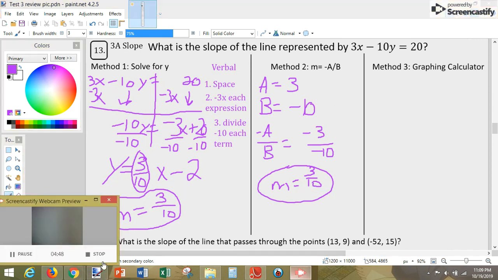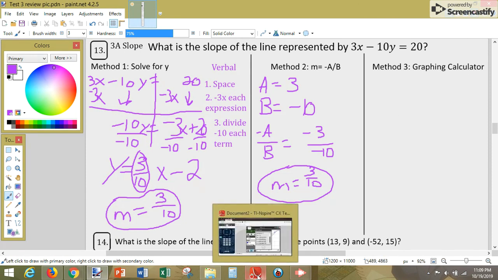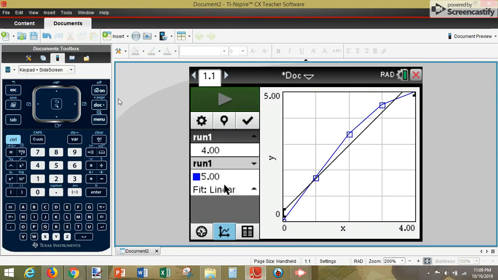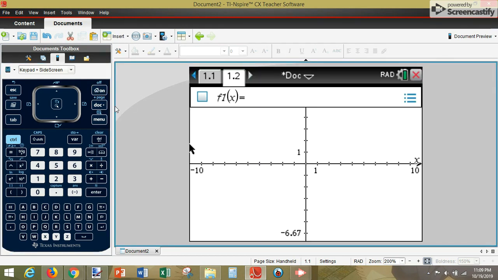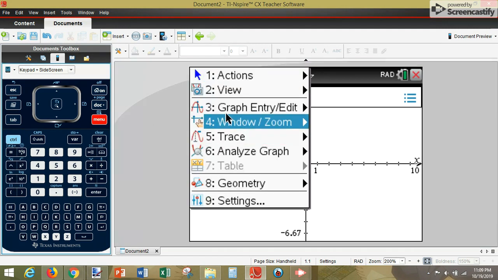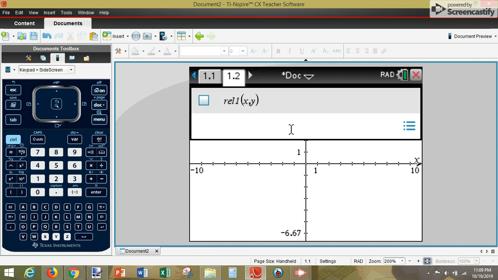Okay, method 3, the graphing calculator. So to do this method, you go to your graphing calculator and click on graph. To put in our graph equation, we press menu, 3, graph entry edit, 2, relation. And that's to type in any equation that is not in the y equals form already.